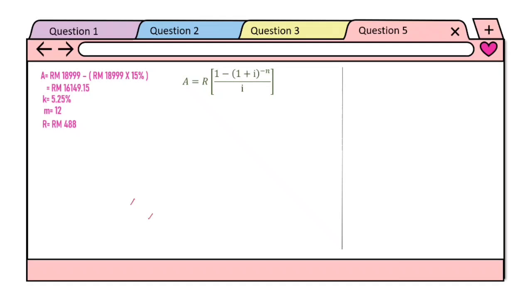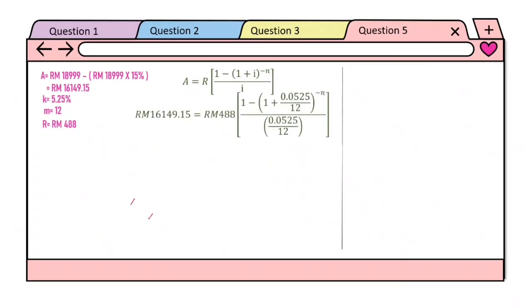Since the interest is compounded monthly and payments are fixed monthly installments, this is treated as the present value of an annuity. We need to solve for n, the number of periods, in months. Lastly, by substituting our values, which are A, R, and i, into the formula, we find the number of installments needed.